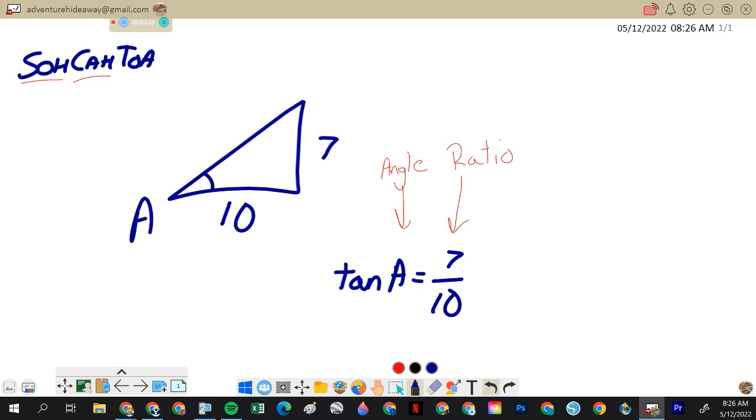And what you do is you invert this, and instead of the tangent button, we use the inverse button. So the tangent inverse of 7/10 will tell us how big angle A is.